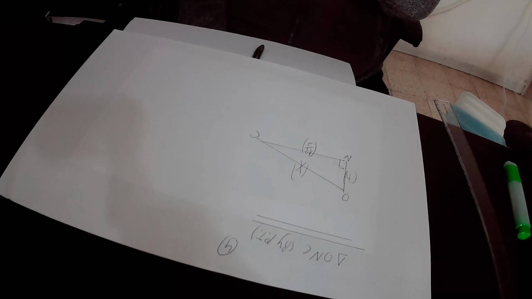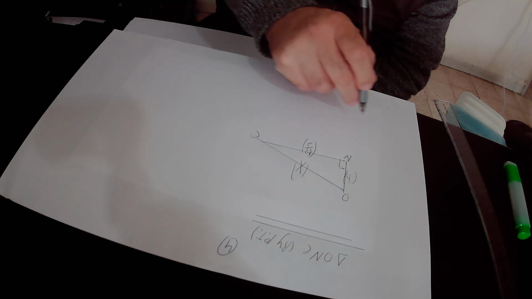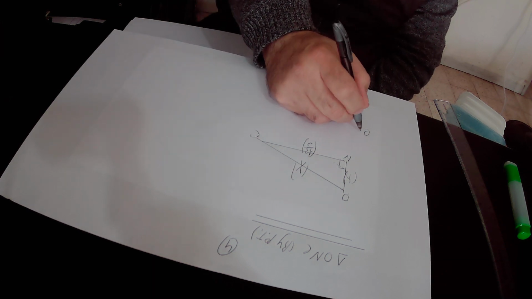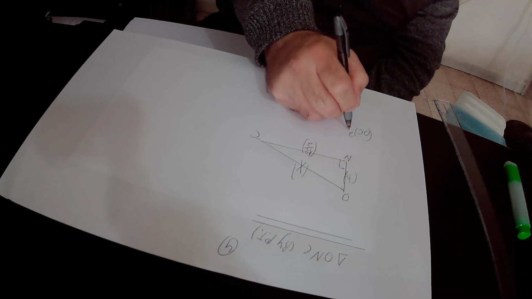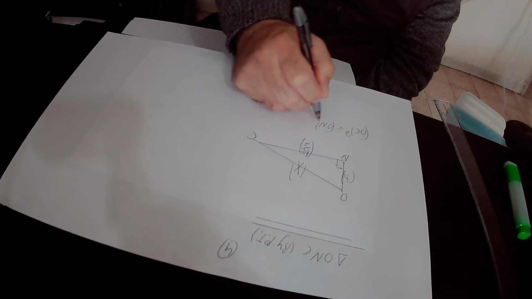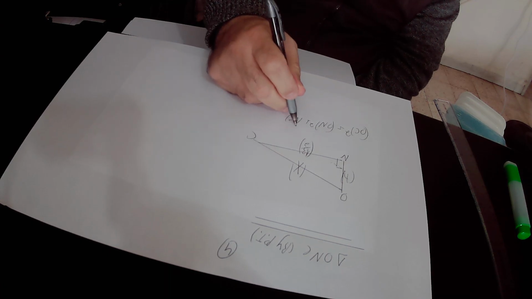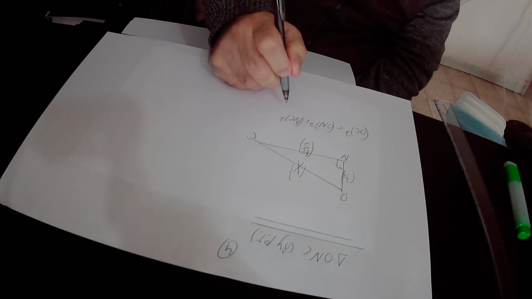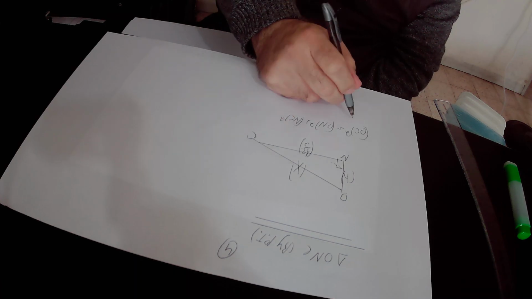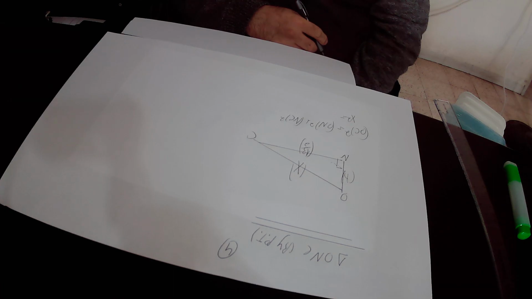Now we will implement on this right triangle ONC the Pythagorean theorem. According to the Pythagorean theorem, OC squared equals ON squared plus NC squared. OC is x, therefore OC squared is x squared, and it equals ON squared.